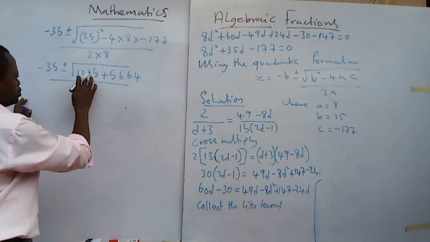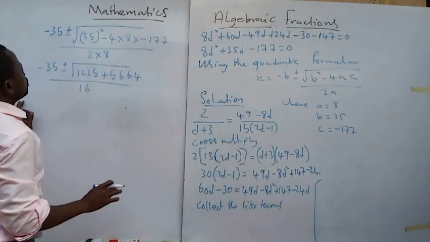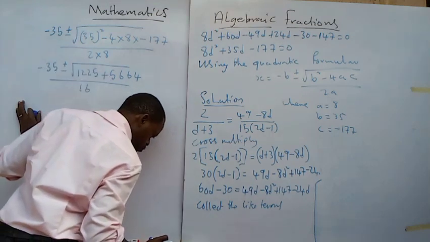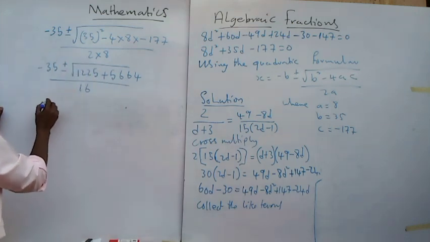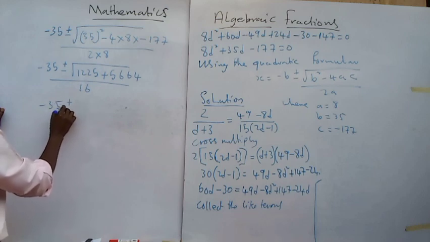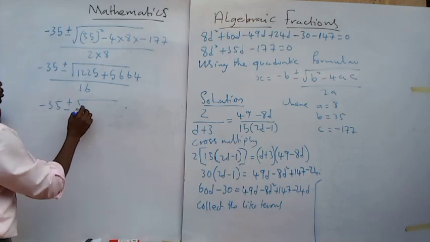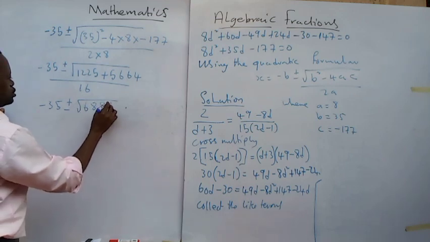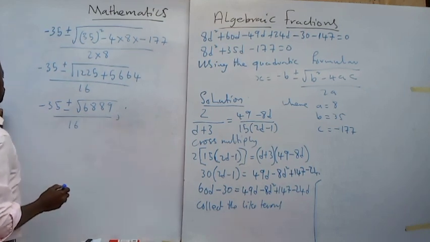So I'm adding 5664 plus 1225, which equals 6889. You can see the figures are very large. Minus 35 plus or minus the square root of 6889, all over 16. So these are the x values.